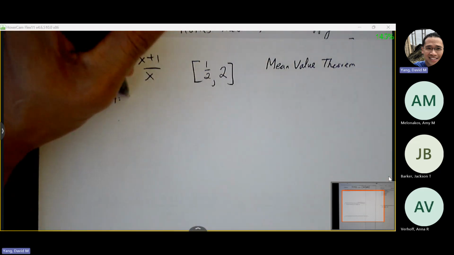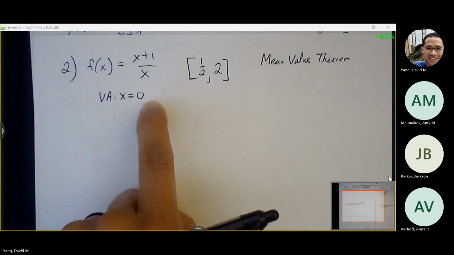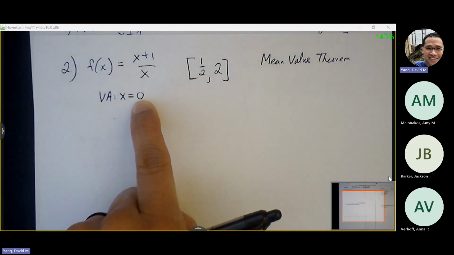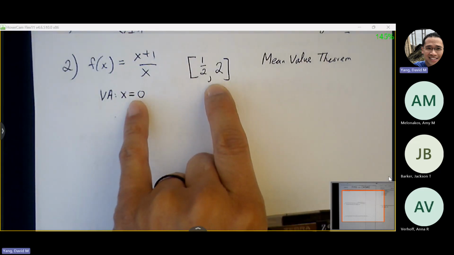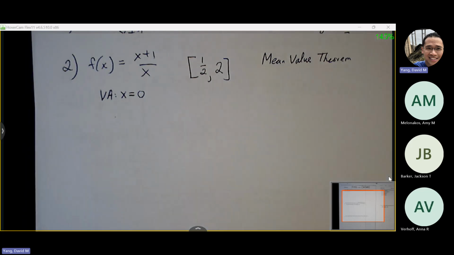At where x equals 0, right? So is this vertical asymptote going to interfere with my interval? It's clearly outside the interval. We're safe. We can make it pass both our conditions.